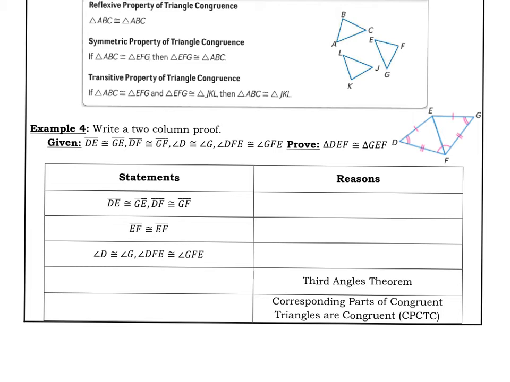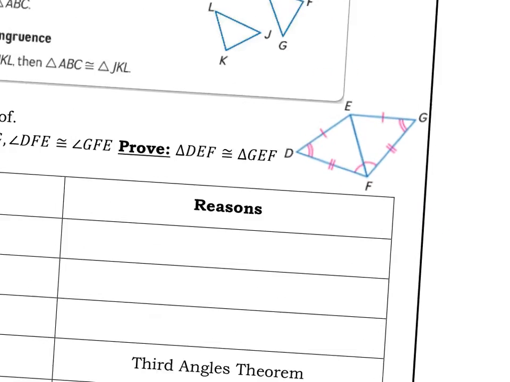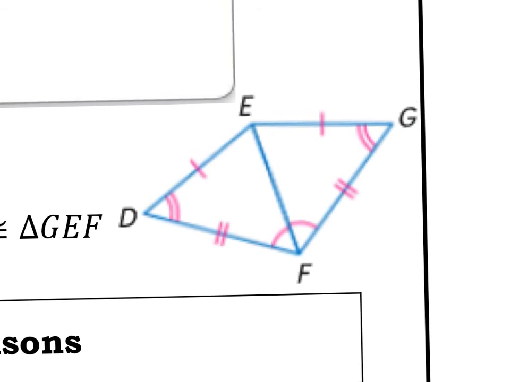So example 4, write a 2-column proof. Given that DE is congruent to GE, DF is congruent to GF, angle D is congruent to angle G, angle DFE is congruent to angle GFE, prove that triangle DEF is congruent to triangle GEF. It's easier to understand if you just look at this picture.